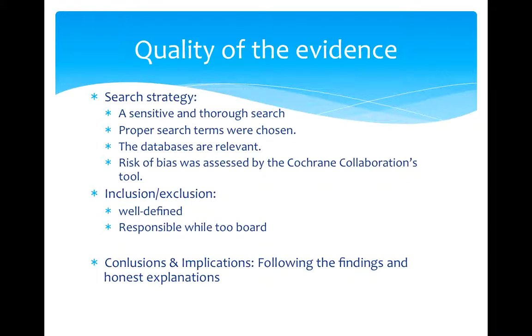Let's talk about the inclusion and exclusion criteria of the review. The articles must be RCTs or CCTs. The subjects' mean age must be over 18 years. The condition must be mid-portion Achilles tendinopathy.